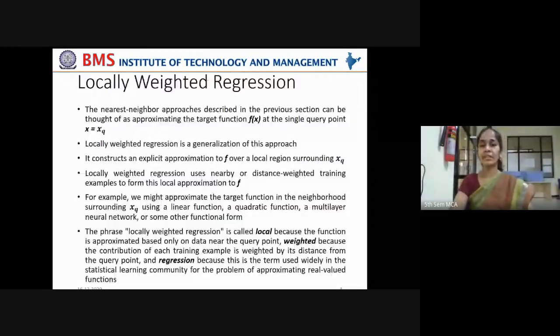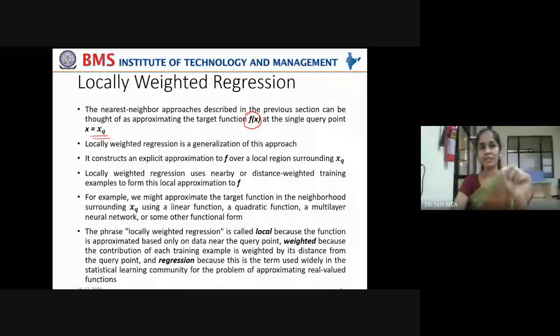Now, the nearest neighbor approaches described in the previous class can be thought of as approximating the target function f of x at the single query point x equal to x_q. So we are taking one new instance, and that instance's distance with other instances is checked. The approximation of the target function happens only with respect to this single query point.